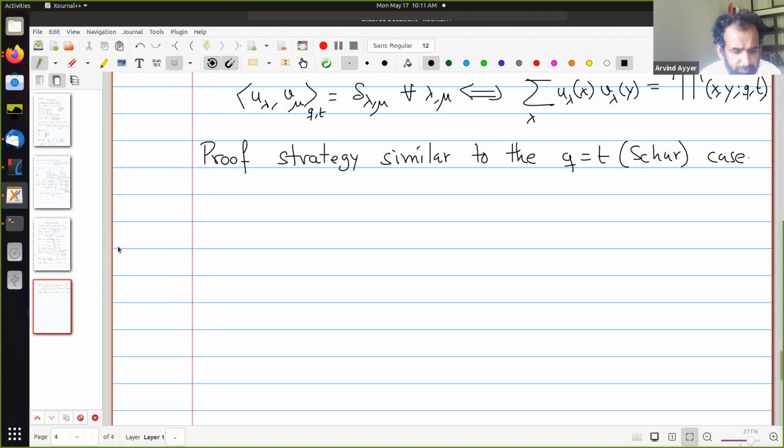Okay, so we'll define some operators. The first operator we need is, for u in the ground field, define the shift operator.